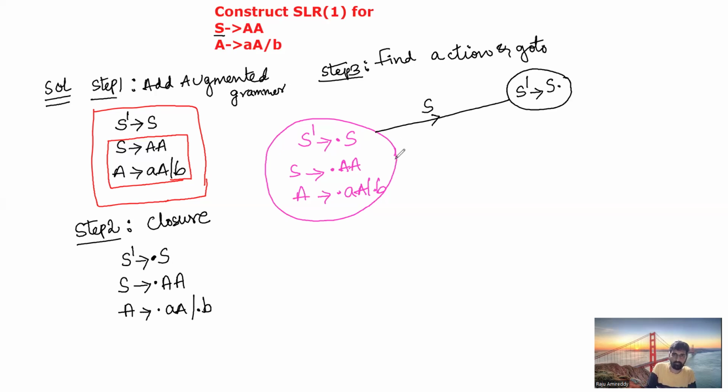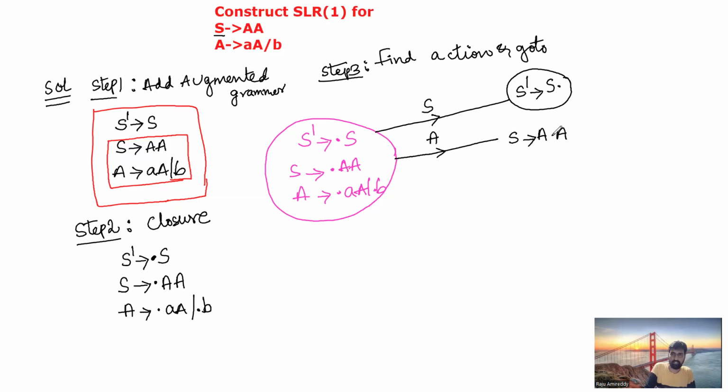Next, GOTO on capital A gives S → A.A. Remember, S' → .S becomes S' → S. When you find a capital letter, capital S or capital A, this is called a GOTO move.